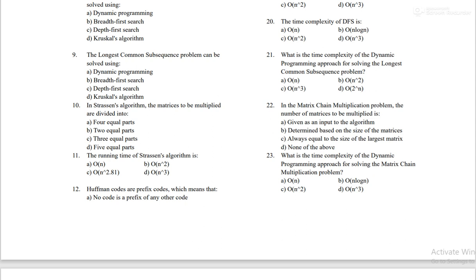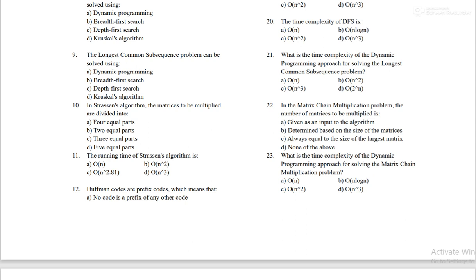Question 11. The running time of Strassen's algorithm, that is the time complexity it requires for Strassen's matrix multiplication, is option C, that is big O of n to the power 2.81. We calculated the time complexity for Strassen's algorithm in the video lecture for the first internal question paper, in which we used the Master's theorem on its recurrence relation.